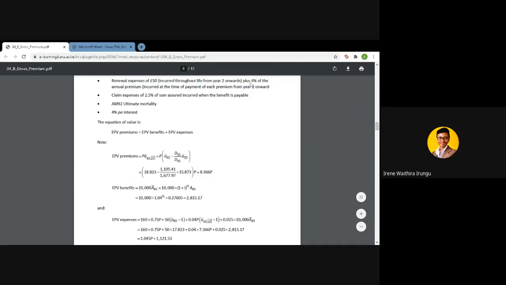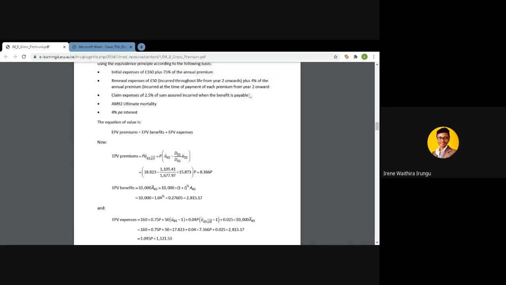Then we go further and we are told 4%, so again, it's another renewal expense, plus 4% of the annual premium. In this case, this 4% is now attached to the premium, which we saw was only being paid for 10 years. So it will still be 4% of P, but this is only being paid for 10 years, except for the first year.